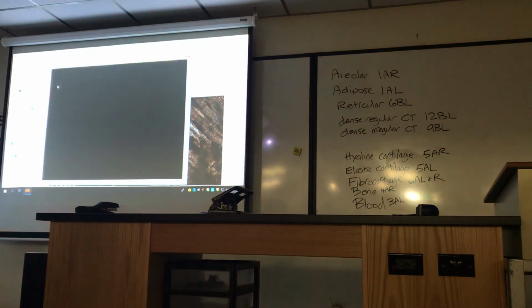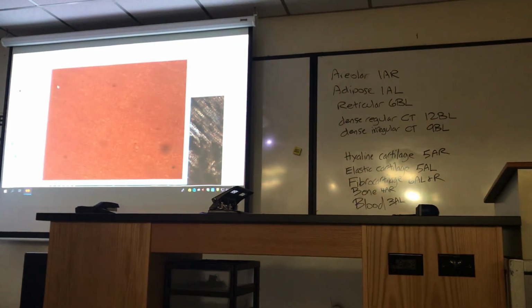You gotta go to 400 for the cells. This is 100X. I'm gonna scan around and try to get a purple cell in the field of vision so you can see a white blood cell.